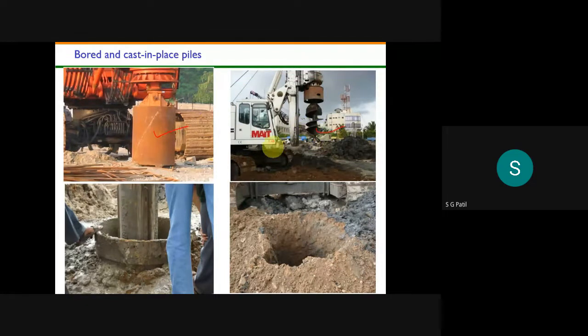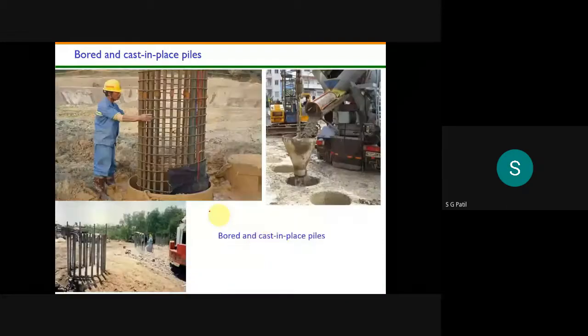We'll rotate it inside and make a hole like this inside the ground. We'll take out all the soil present. So this is under process. Once we have a hole, we will install the reinforcement, and then with the help of the tremie pipe, we will fill this hole with the concrete.